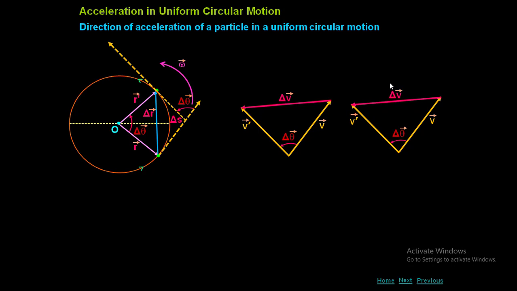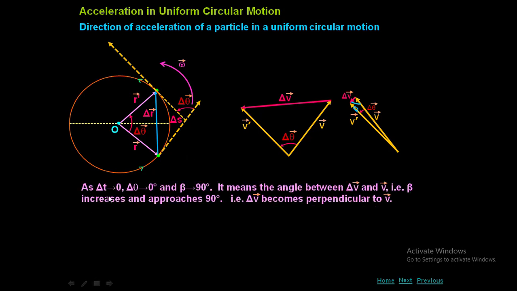If you see in which direction the change in velocity is present, in the same direction the acceleration is also present, because the definition of acceleration is the change in velocity by time taken. Now if you consider this as beta, I'm going to limit delta v bar to a single particular point, because I want to find the instantaneous acceleration.